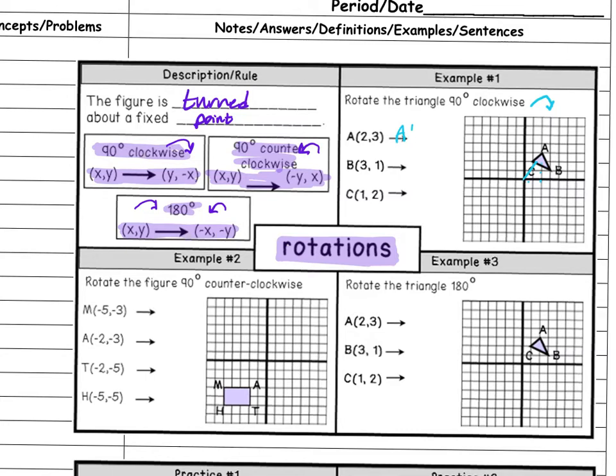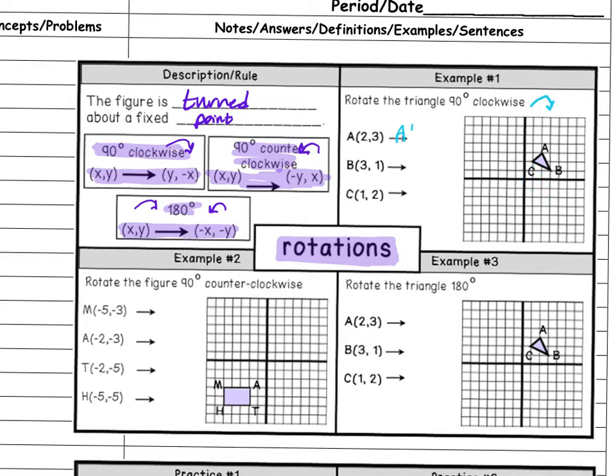So I'm going to change that. I'm going to just flip them, and I'm going to go over 3 and down 2, because if I draw this line in, not a very straight line, this angle is 90 degrees. So I can think of it that way also, but sometimes that gets a little confusing.